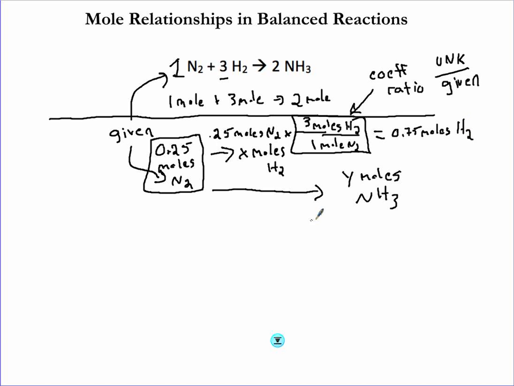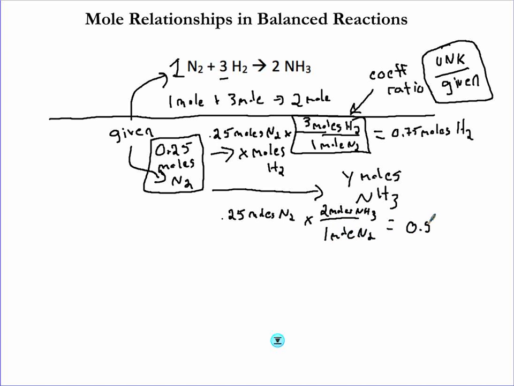And then if I do the second part of the question, which is to calculate the moles of NH3, I'm going to once again start with my given piece of information, 0.25 moles of N2, and I'm going to multiply that by, once again, my coefficient ratio of unknown over given, but this time my ammonia, NH3, is my unknown, so I'm going to use a coefficient of 2 in the numerator, so that's going to be 2 moles of NH3, and 1 mole of N2 in the denominator. And of course that's going to give me 0.50 moles of NH3.